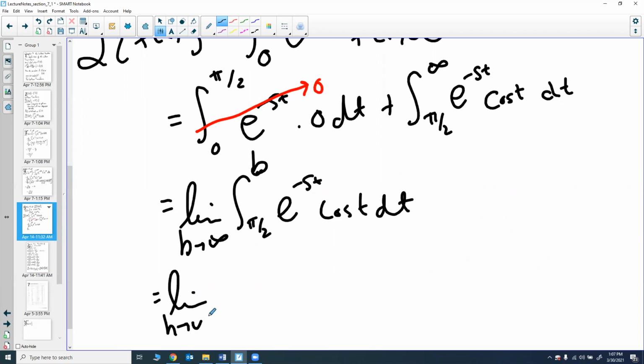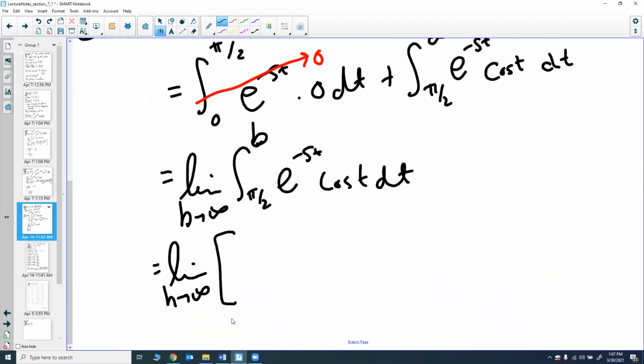We haven't done the limit yet, so don't lose the limits. So now I'm going to go ahead and find that integral. Again, I would go ahead and use my computer or technology of some kind to do this.